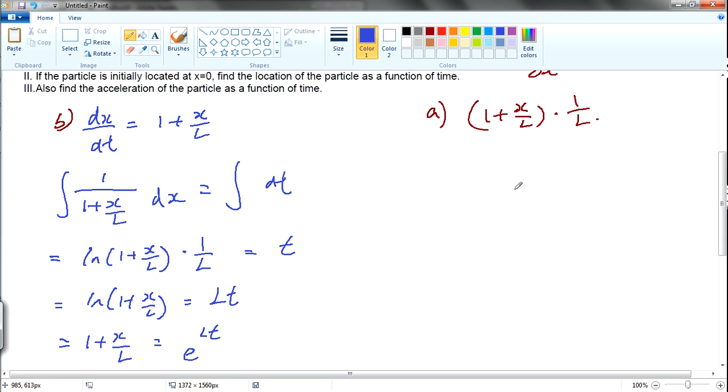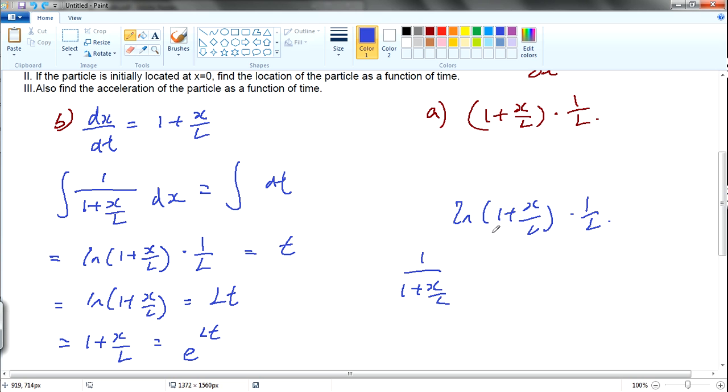So imagine you have this equation and you want to differentiate. You have to do a product rule. You will differentiate this, you will get 1 plus x over L, and then you differentiate this part.